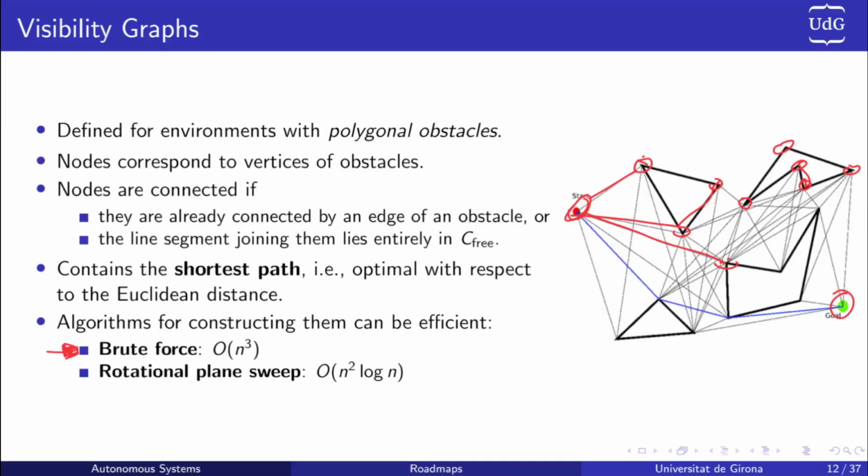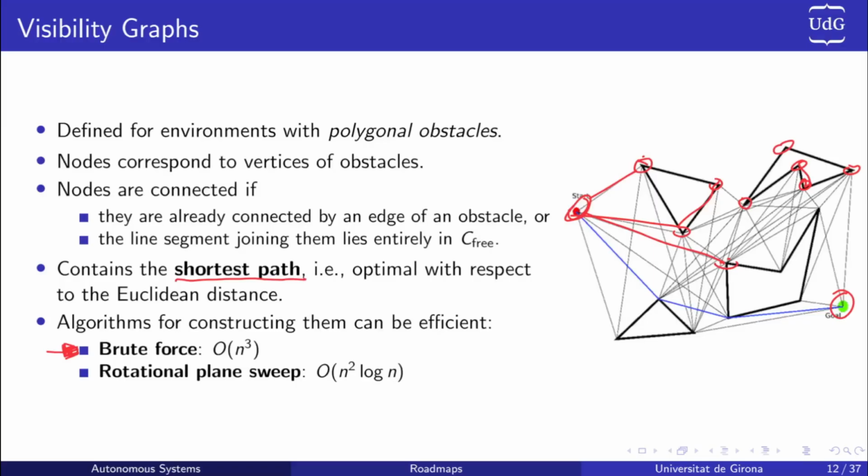Yeah, tell me. The algorithm tells us to use only the vertices. Yeah, in fact, if you use only the vertices, you can ensure this condition here, that you will find the shortest path. And there is another thing.